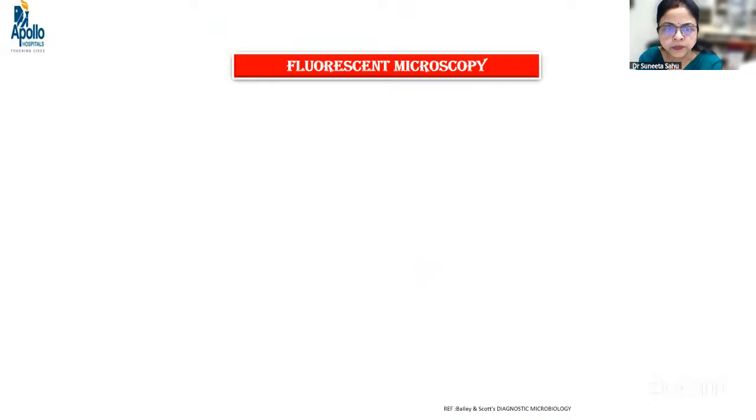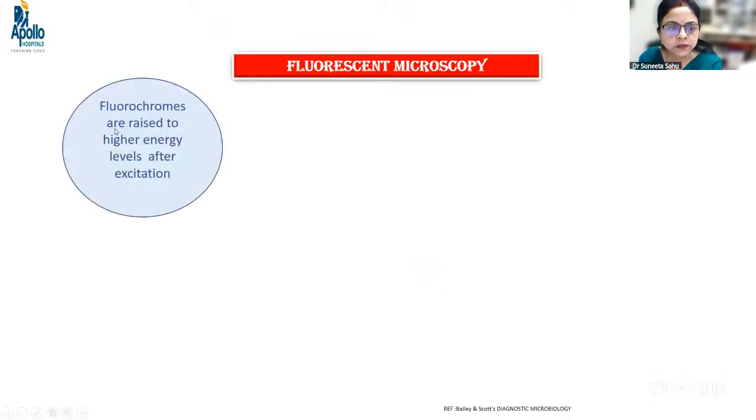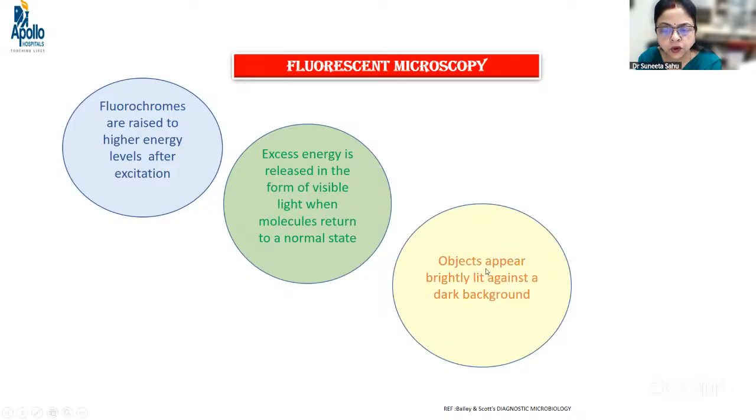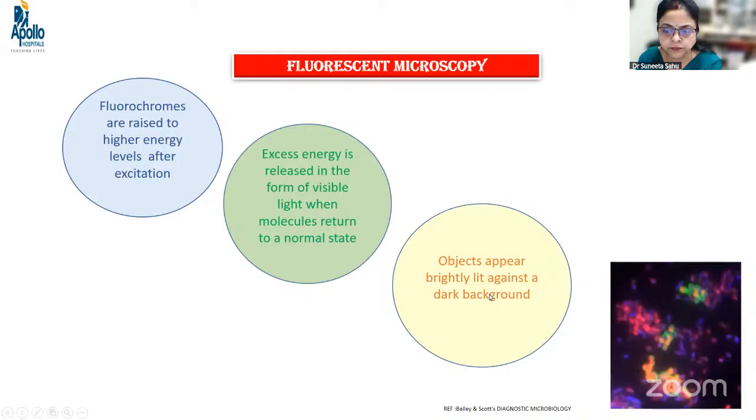So the principle in fluorescent microscopy is that the fluorochromes are raised to a high energy level after excitation. The excess energy is released in the form of visible light when the molecules return to the normal state, and then the objects appear brightly lit against a dark background. And this is how it looks, based on the stains used in the fluorescent microscope.